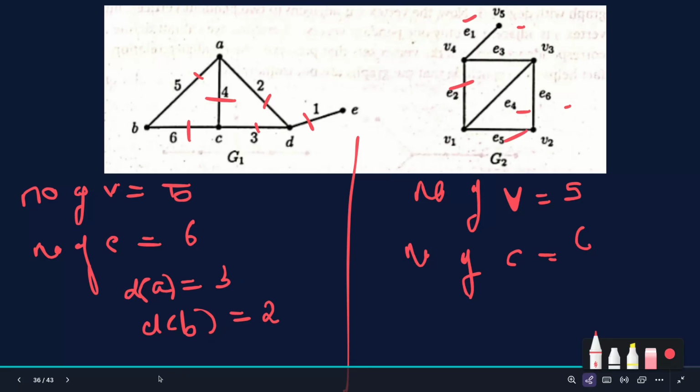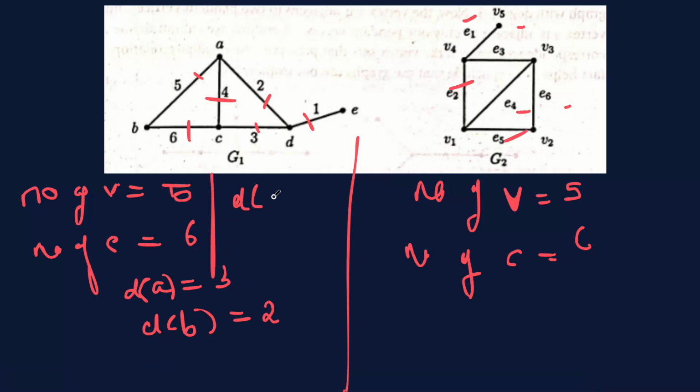Now the degree of C: 1, 2, 3, so there is 3. Now the degree of D: 1, 2, 3, so 3 is the degree of D. Now E: E is only 1.